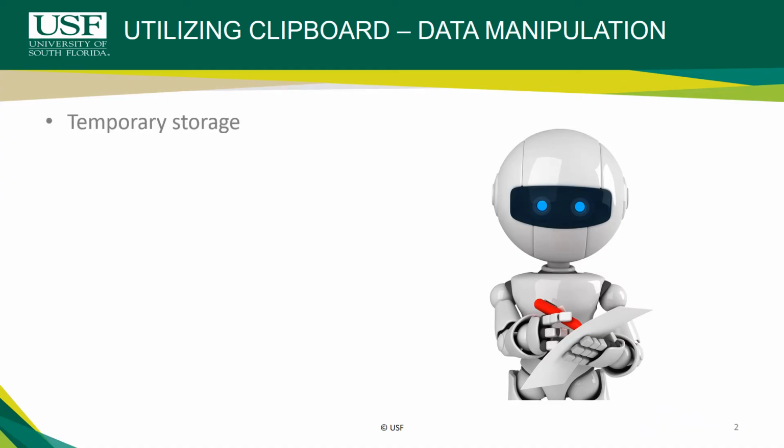Let's take a little bit of time to look at what that clipboard really means and what we can actually accomplish with it. Now, the clipboard itself is temporary storage. It's definitely limited, but its limitations are large enough for most purposes.